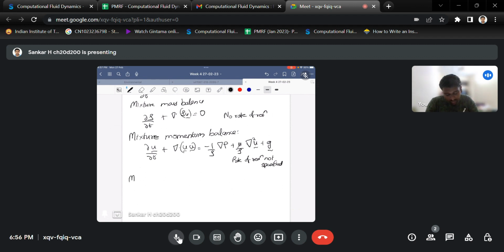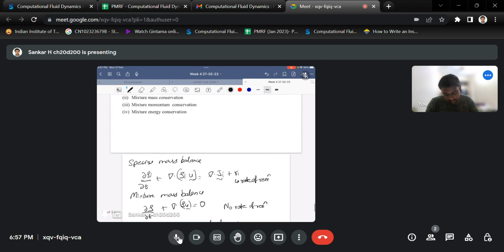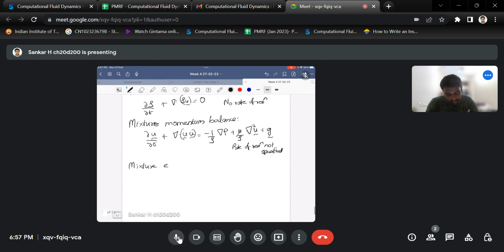Finally, if we deal with the mixture energy balance as given in the fourth statement, we'll be writing that as rho times Cp times dou T by dou t plus rho Cp u dot del T should be equal to k times del square T plus mu times phi V plus Qr.